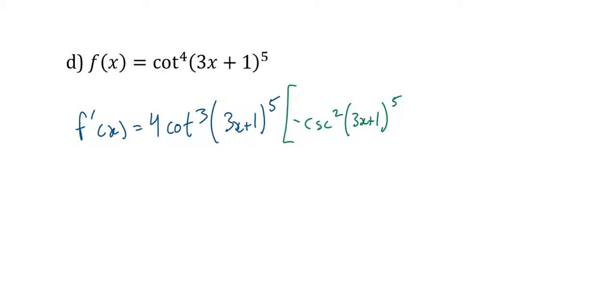Challenging part of this one is when I do go to take the derivative of the angle, it's got chain rule as well. Power of a function, right? Because it's 3x plus 1 all to the 5th. So it's going to be 5 times 3x plus 1 to the 4th times the derivative of what's inside, which is 3.